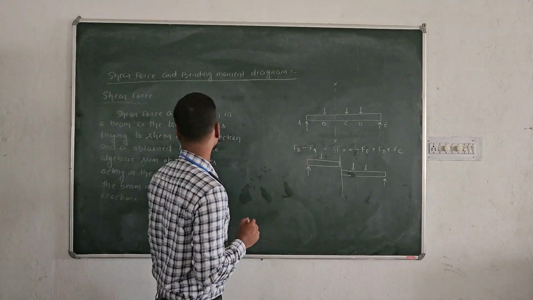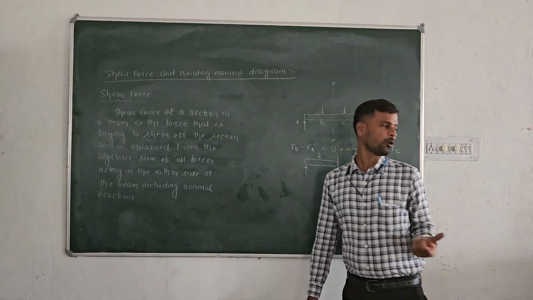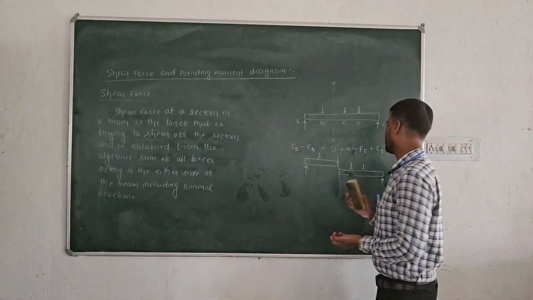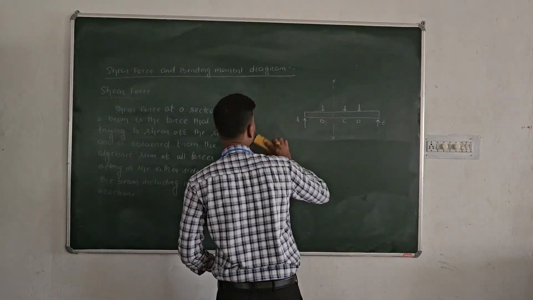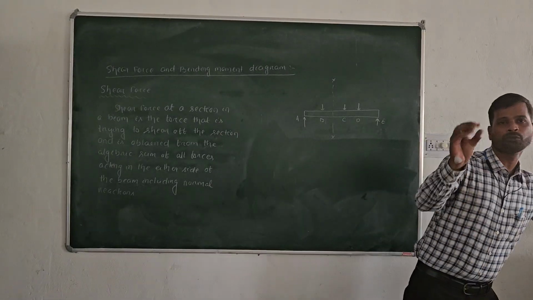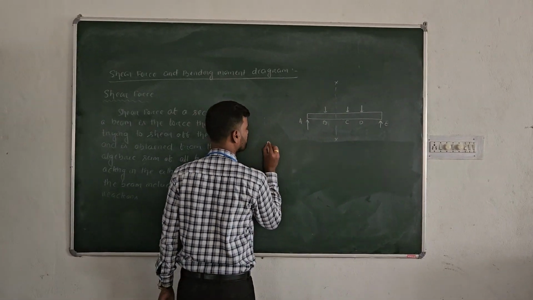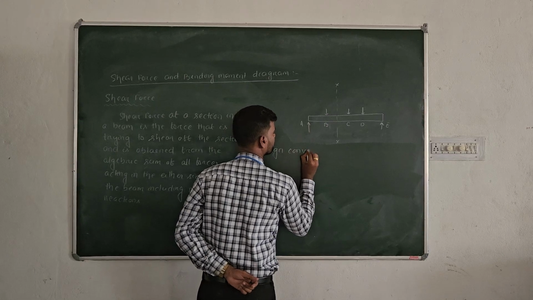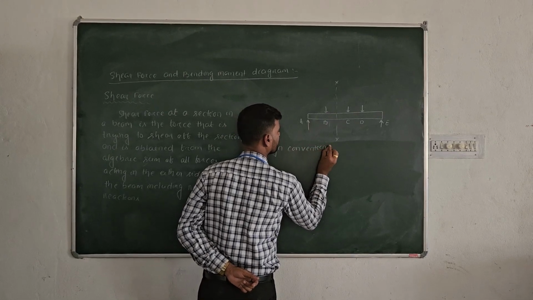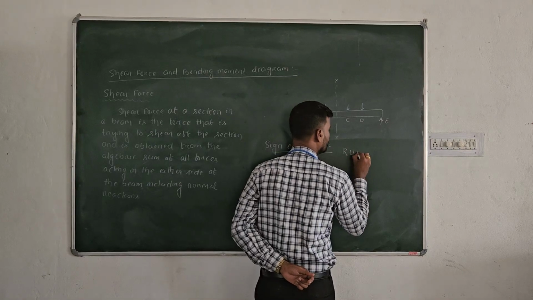But in case of shear force, we have a sign convention by which we calculate which one is positive and which one is negative. So let us see that sign convention. In case of sign convention of shear forces, we follow a simple thumb rule, that is RUN.